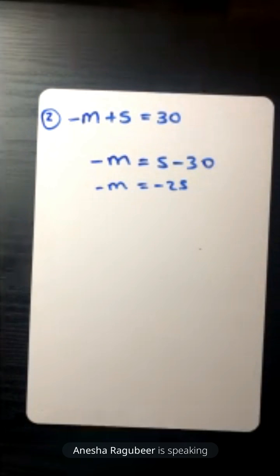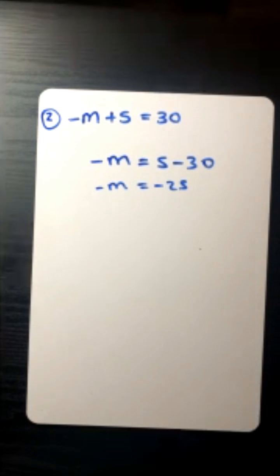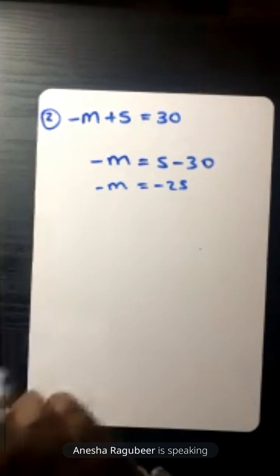Possible, sir, when you're solving for it, do you have to put your negative sign in front of the m? Or you also have to change it to a positive number? Yes.